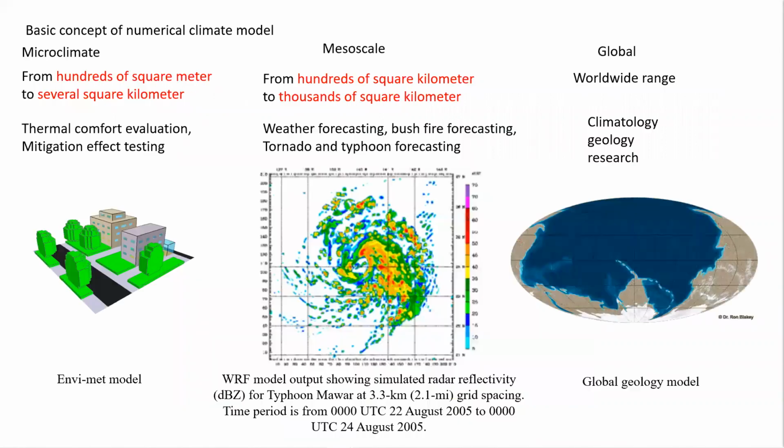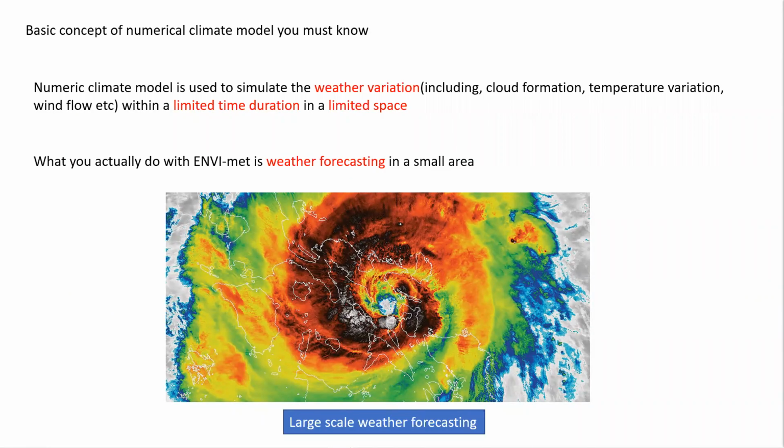And here I have a definition for the numeric climate model. A numeric climate model is used to simulate the weather variation within a limited time duration in a limited space. And our Envi is also a kind of numeric climate model. So what you're actually doing in Envi is weather forecasting of that small area you have created.